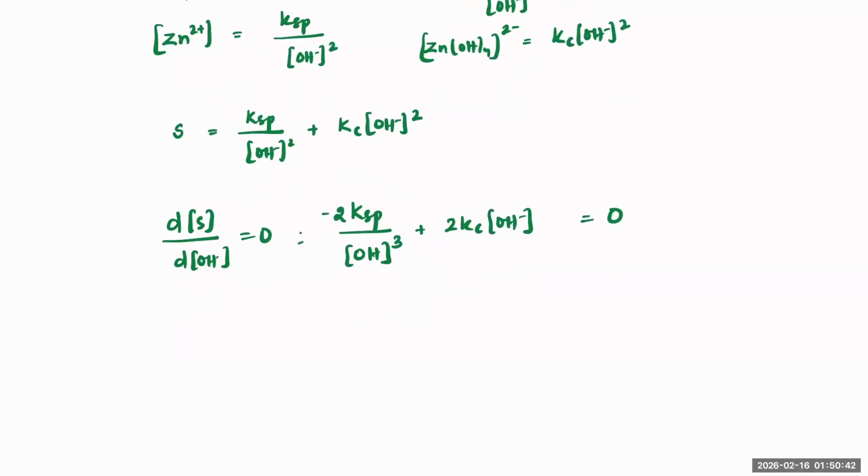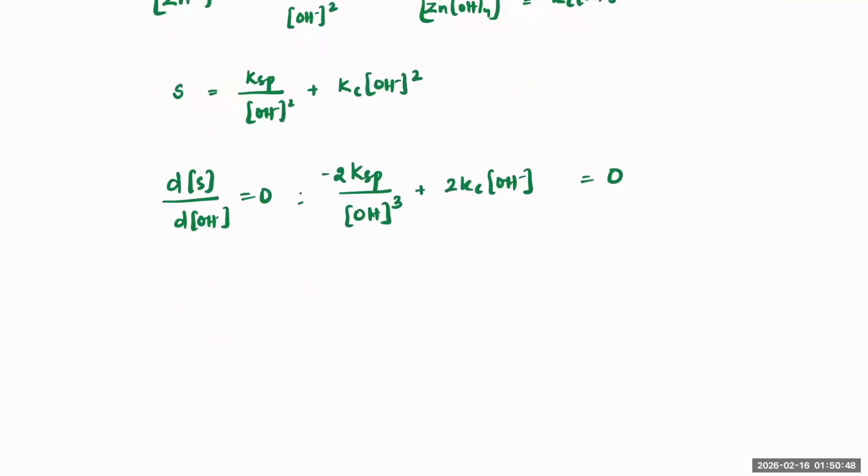Got it? So now if you take it to the other side, the 2 will get cancelled. We'll get Ksp divided by OH- raised to power of 4, plus Kc with minus, equal to 0.